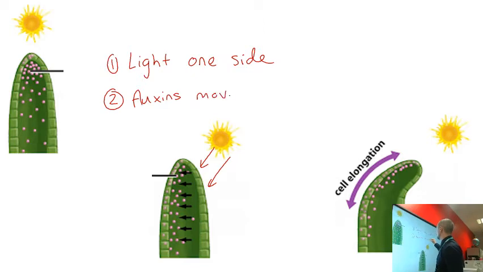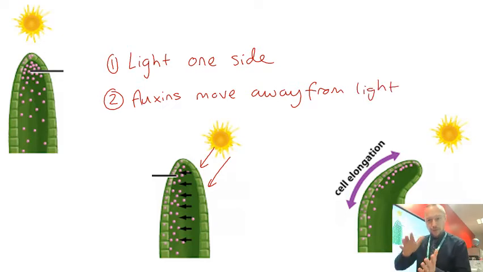Auxins move away from light. So in the shoots and in the roots, if there's a lighter side and a darker side, the auxins will move to the darker side of the plant.